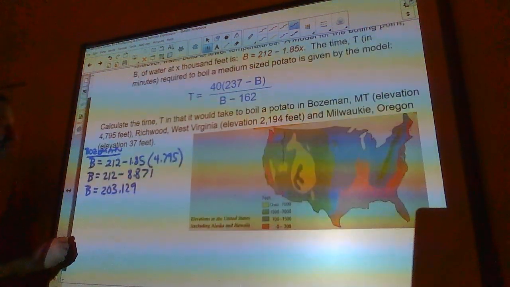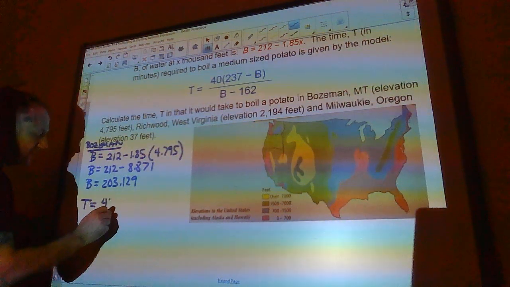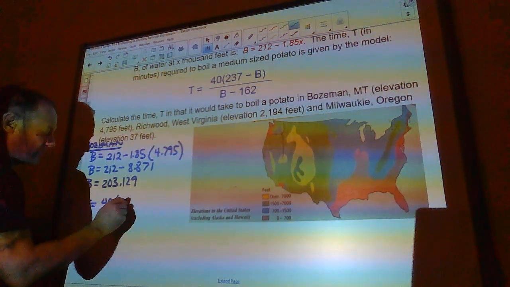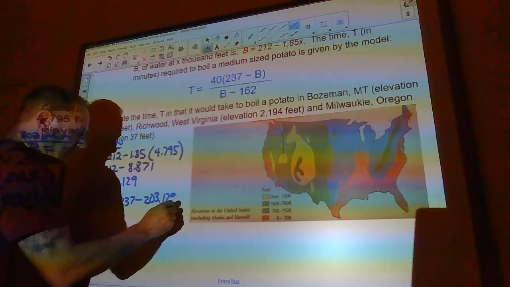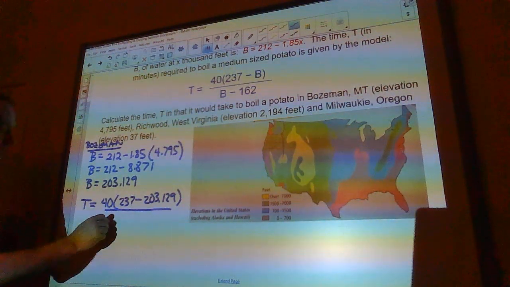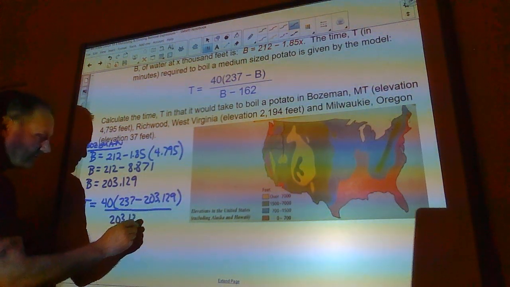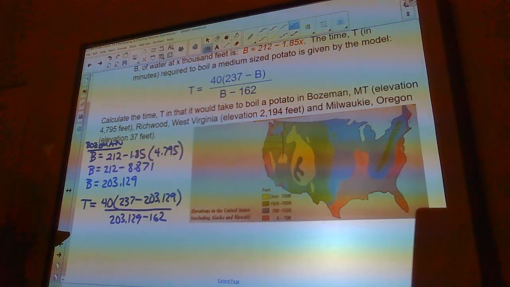So the time, t, is going to be 40 times (237 minus 203.129) all over (203.129 minus 162). Okay, so we're going to do the parentheses first.